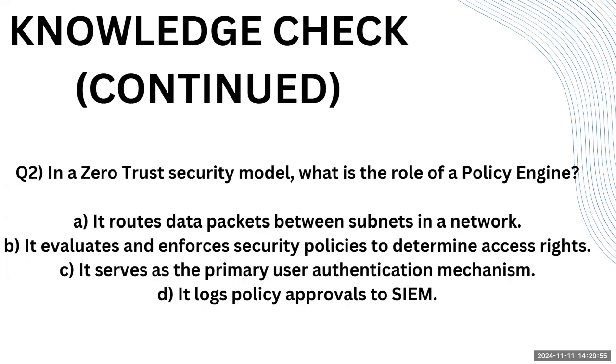It serves as the primary user authentication mechanism. So you guys agree on this? Are you sure? Why is it not B? But it also evaluates, right? In a way it does, if you think about it. Okay, the policy enforcement point is the one that enforces.